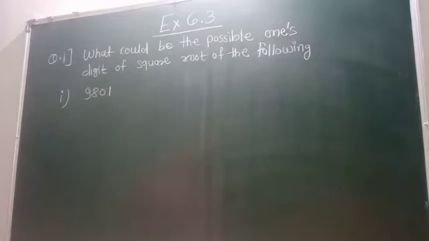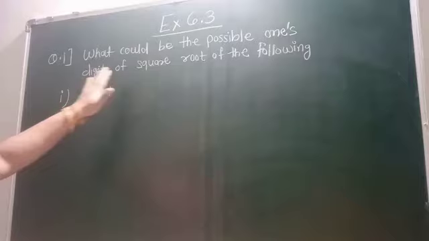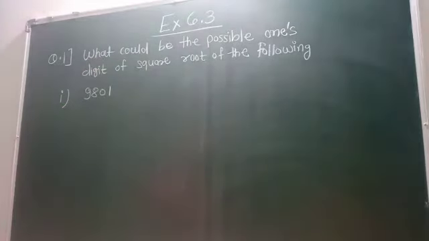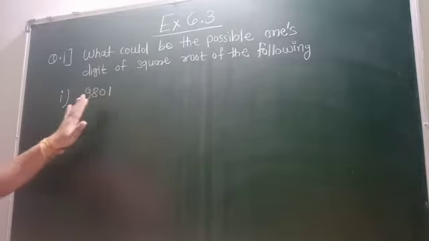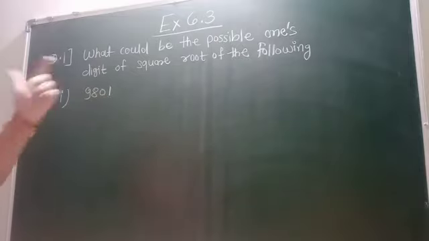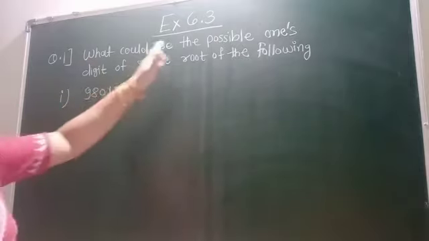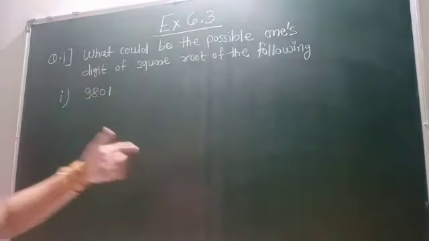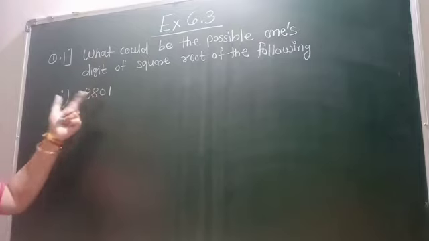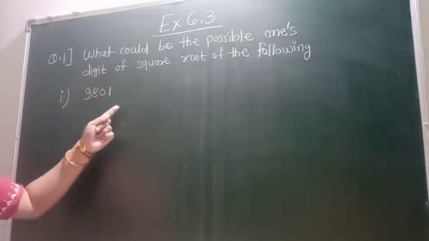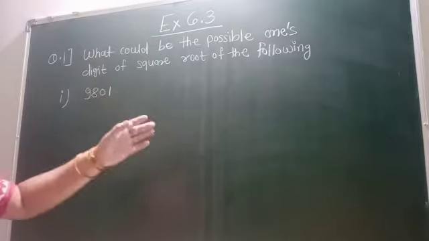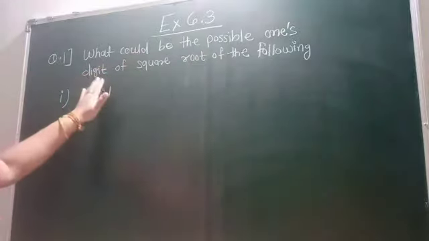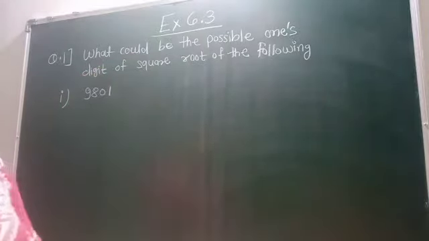Question number 1 of exercise 6.3 is, what could be the possible ones digit of the square root of the following numbers? The first number is 9801. Once again, read the question. If we find the square root of this 9801, what will be the possible ones digit of that square root number?